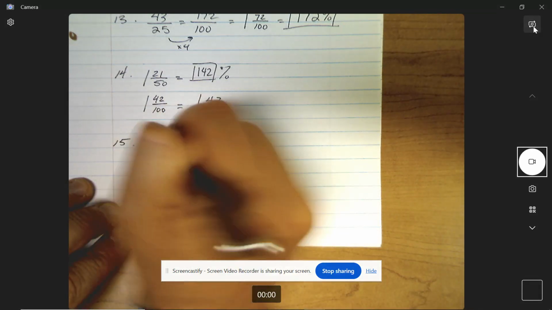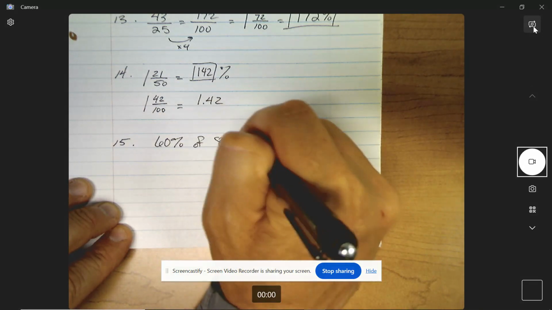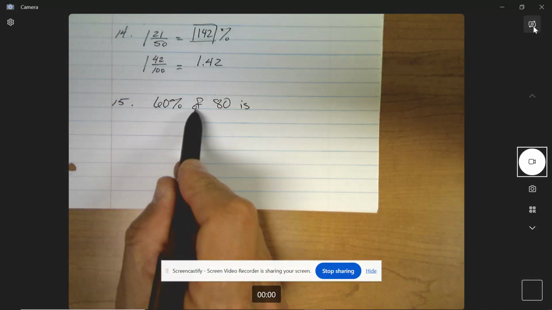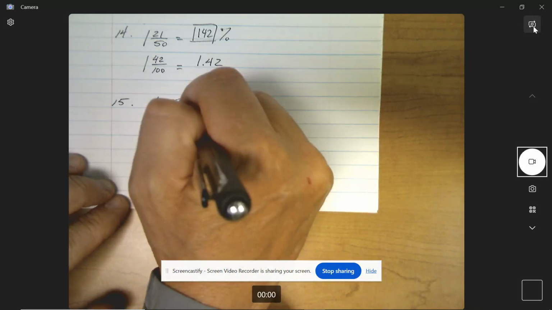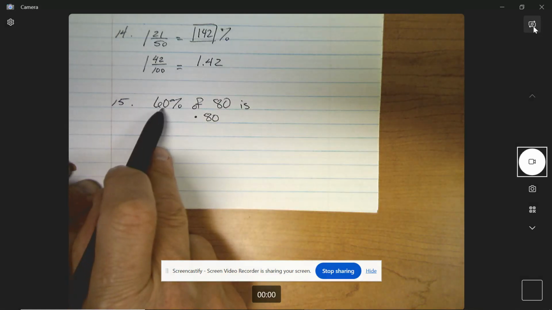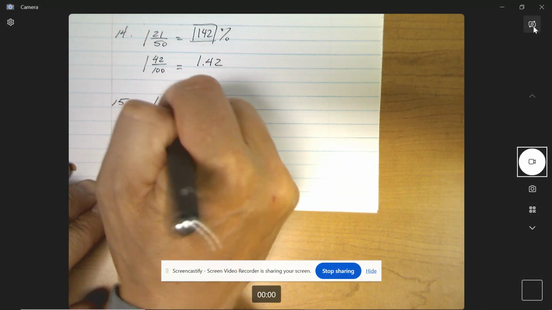60% of 80 is. When you see the word of, think multiply. I can't do it with a percent, but I can do it with a decimal.